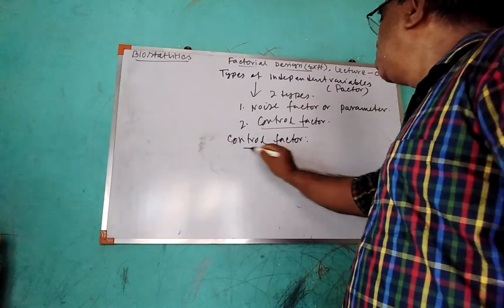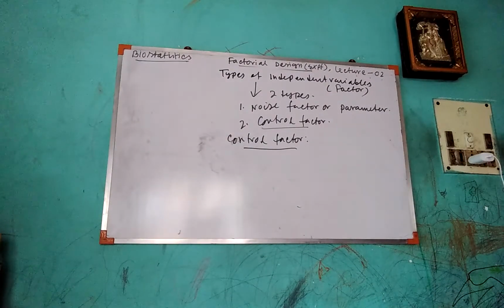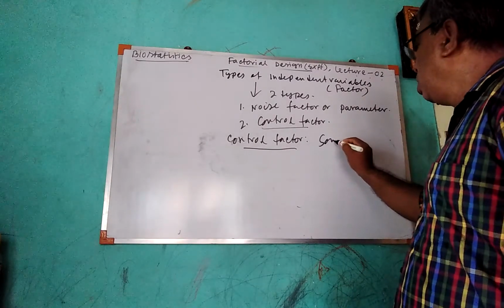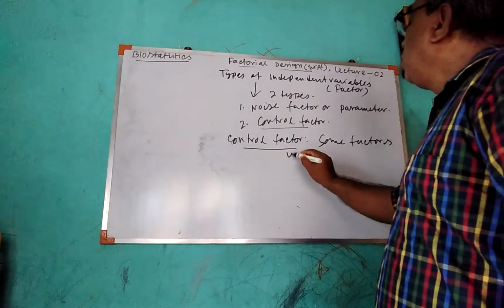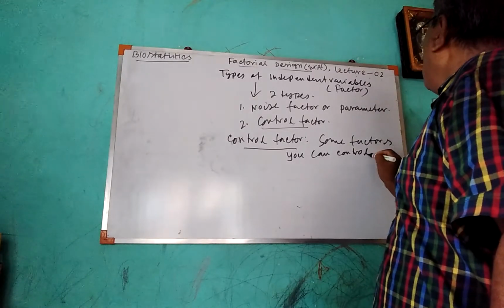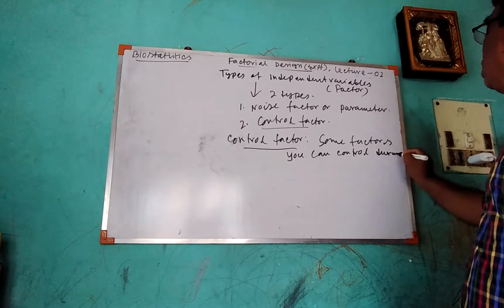Control factor, or you can say control independent variable, means some factors you can control during an experiment.